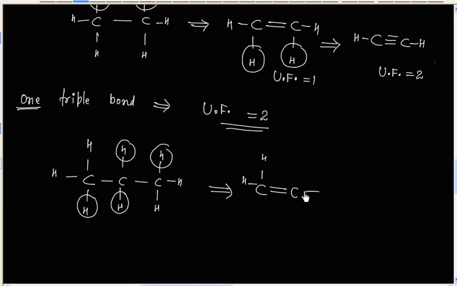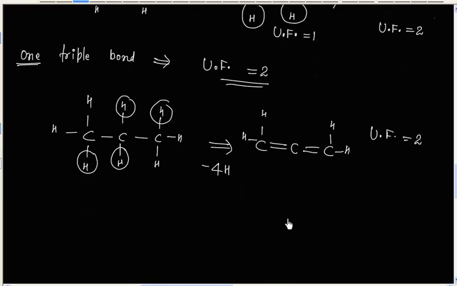So this compound has two double bonds, and we have removed 4 hydrogen. So there is a loss of 4 hydrogen. So this has unsaturation factor of 2. So this means a compound having 2 double bonds also has unsaturation factor 2.